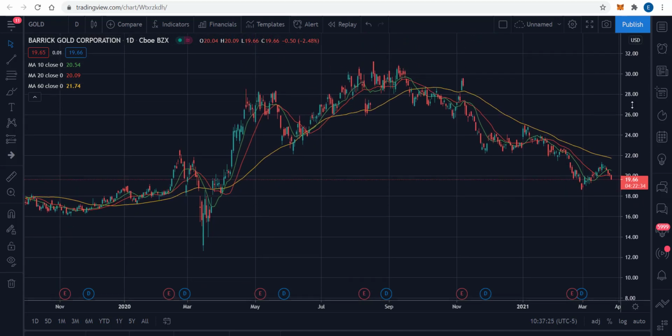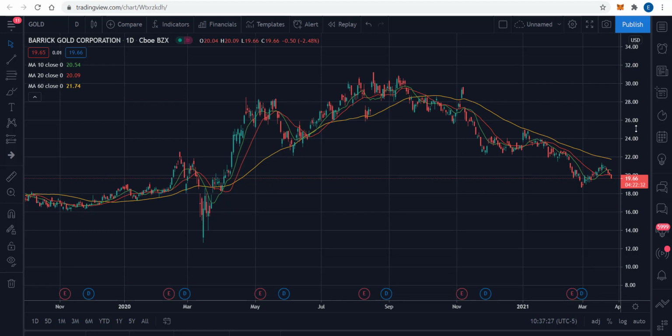I'm just pulling this in so that we get a better, full view. I mean, look at this. In March, a little more than a week ago on the daily chart, you had a low of $12.65 a share.